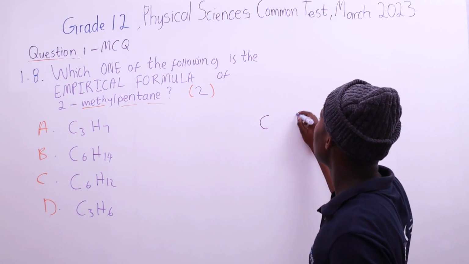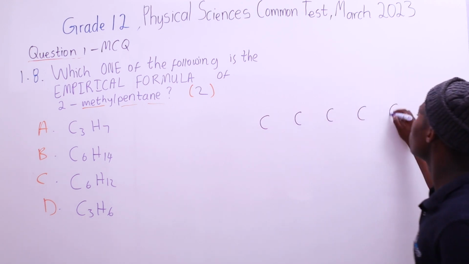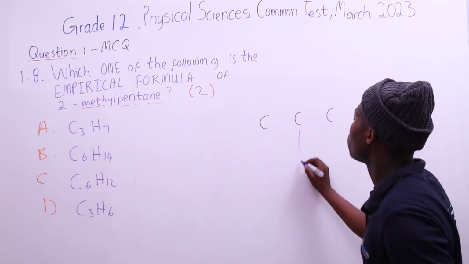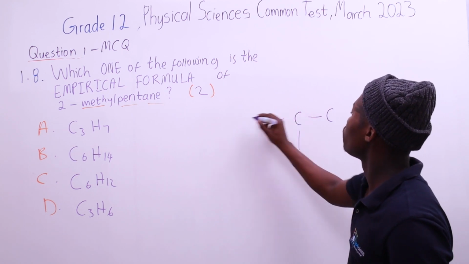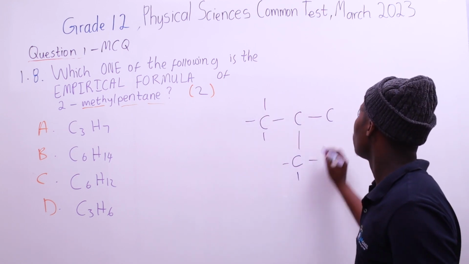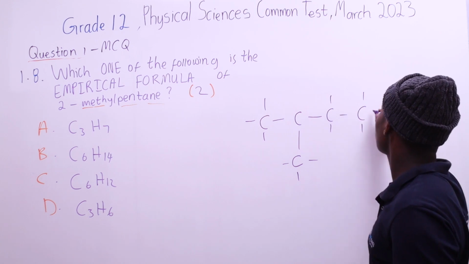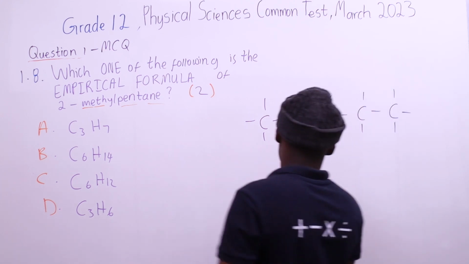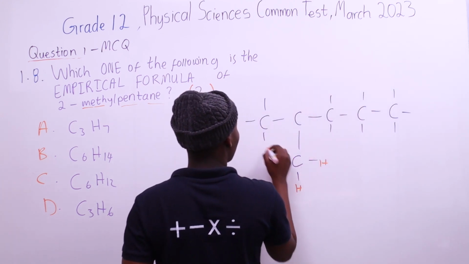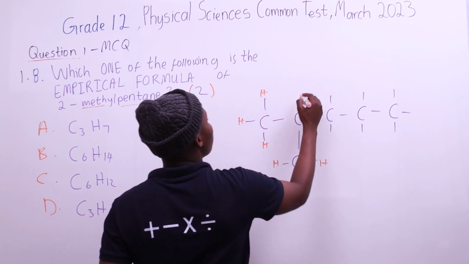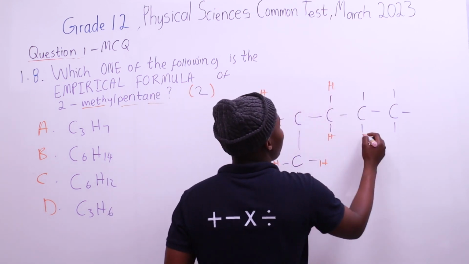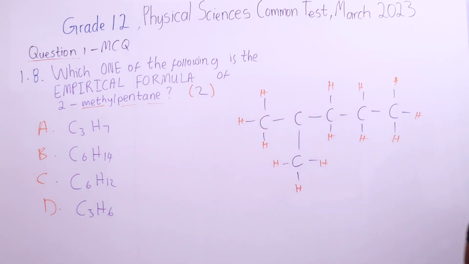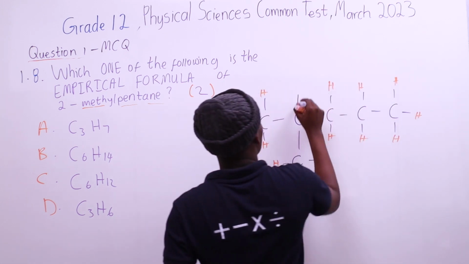So what we know is 1, 2, 3, 4, 5, but on the second carbon there is a methyl branch. So put it like that, and then we add our bonds, and what's left is to add the H's. Okay, and then we've got one more.